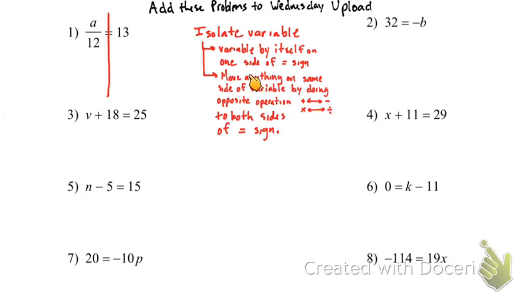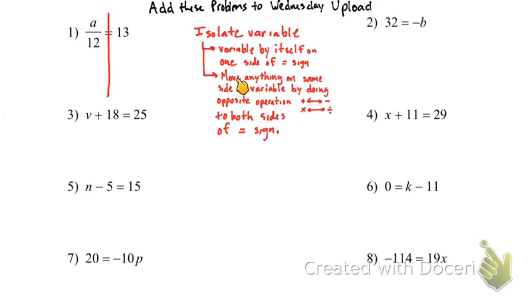And vice versa. If it was subtracting, we would add it to both sides to get rid of it. Okay? Same thing here. If the number we're trying to get rid of is multiplying, we would divide it to both sides. If the number we're trying to get rid of is dividing, we would multiply it to both sides.